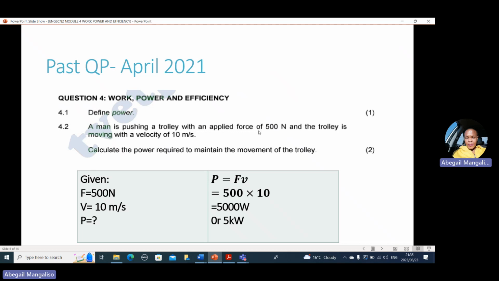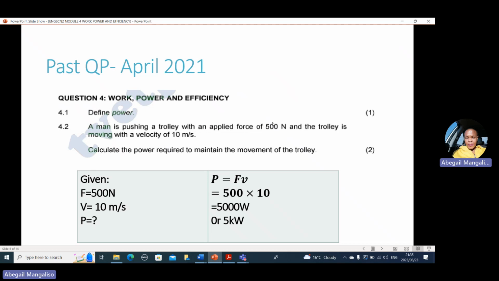So first write down the givens. The force F is given as 500, V is 10 meters per second, and P is unknown. Calculate the power. The formula that involves the givens as well as the unknown is P equal to FV.